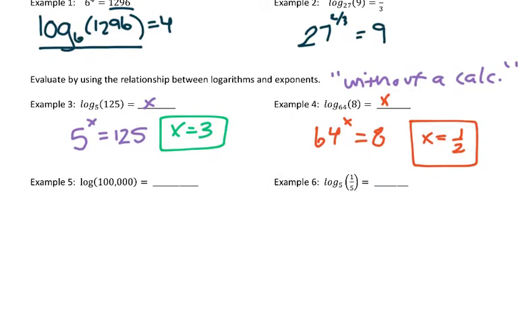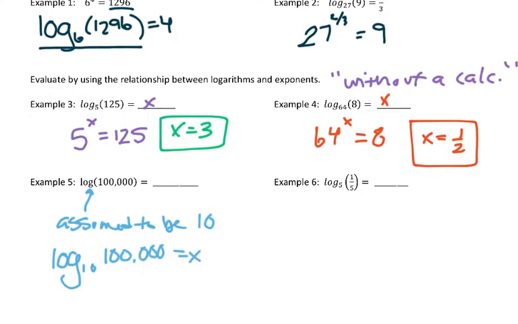And then the next one, we have a log, and this is tricky because anytime that they don't have a base written and they just kind of skip over it, that is because it is always assumed to be 10. So that means we actually have log base 10 of 100,000.